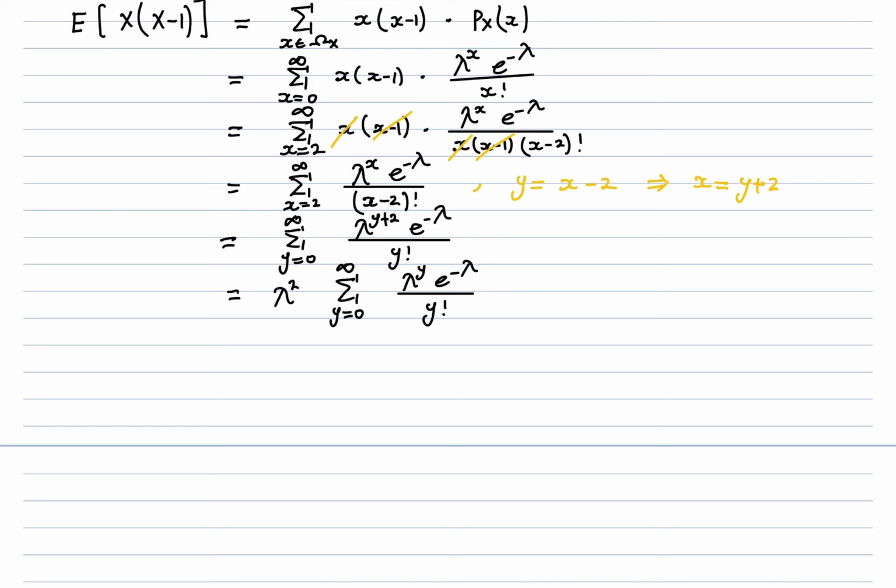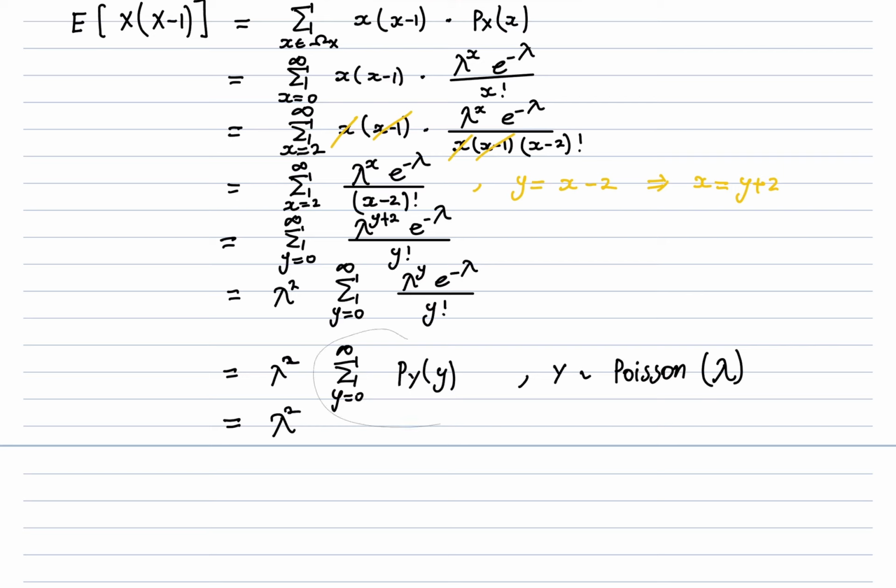So for consistency, I'm just going to write that as lambda squared, the sum from y equals 0 to infinity of a PMF, where the PMF is, of course, a Poisson distribution with parameter lambda. And then, of course, we know that this simplifies to lambda squared, as the sum across the whole support or sample space of a probability mass function is just 1 by definition.